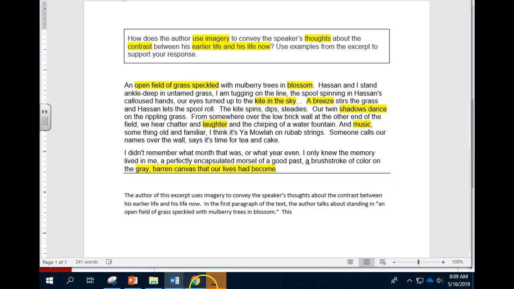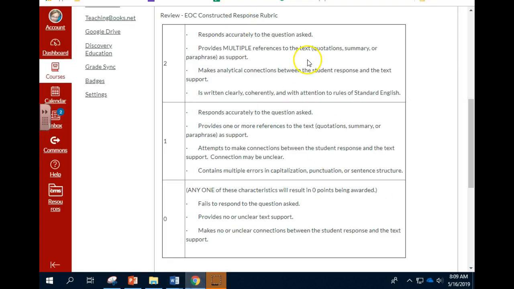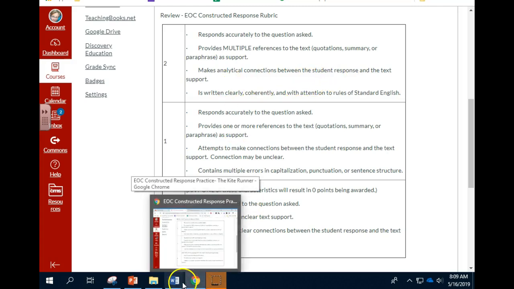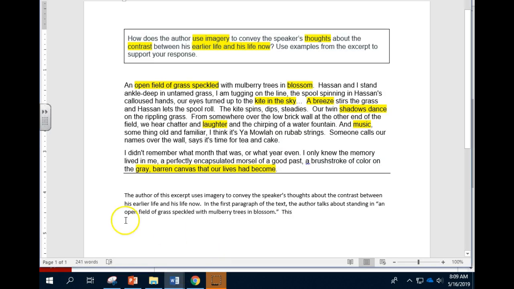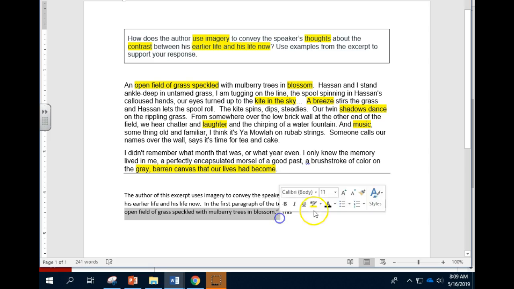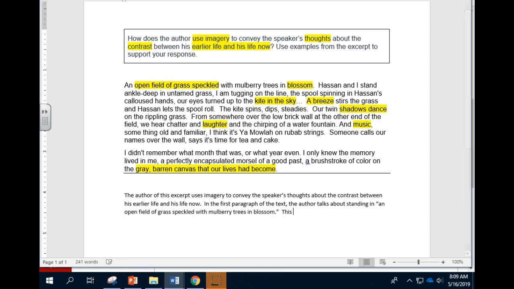Here's the analysis. Okay, so back to the rubric. I need to provide references to the text, but I also need to make the connection between my response and the support. So basically that just means I'm going to explain the support that I just used. I just used this quotation from the excerpt.